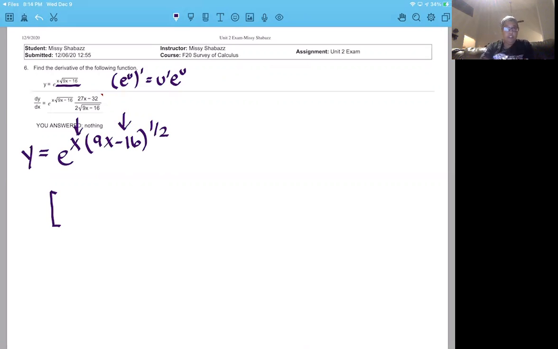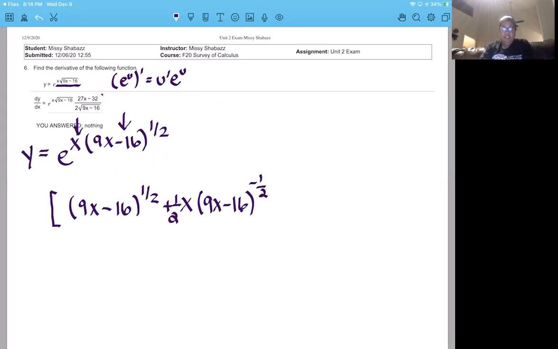So the derivative of the first is 1 times the second, (9x minus 16) to the 1/2, plus the first, x, times the derivative of the second. We're going to use the chain rule. Bring the 1/2 down in front, then (9x minus 16) to the negative 1/2 times the derivative of the inside.